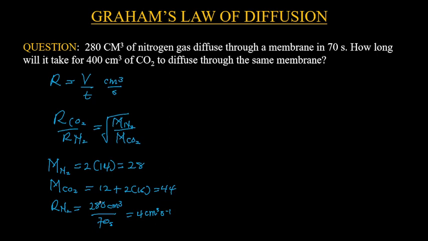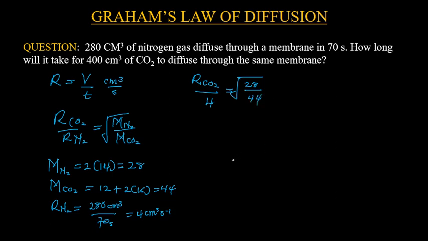Let's put all these things back into the equation. We have the rate of diffusion of carbon dioxide, CO2, over the rate of diffusion of N2, which is 4, equal to the molar mass of nitrogen, which is 28, divided by the molar mass of carbon dioxide, which is 44.